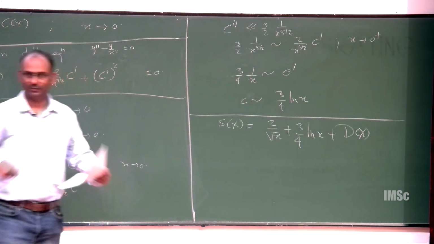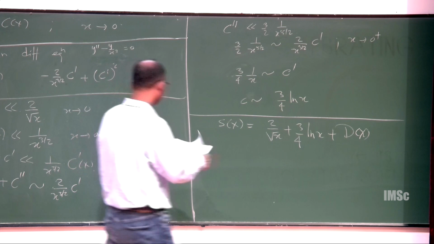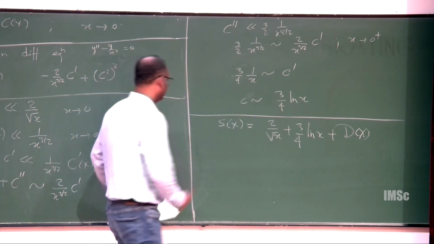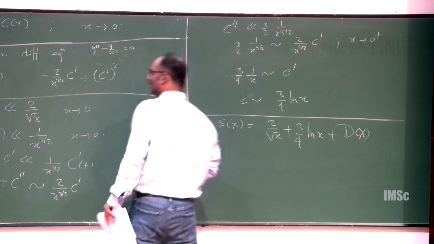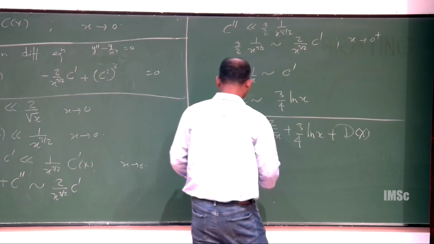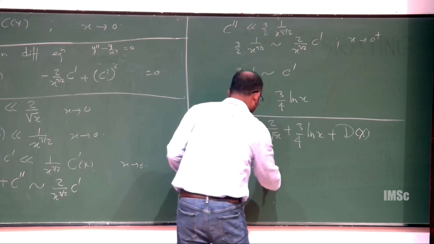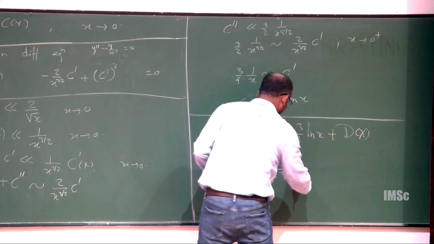Okay, and again set up a differential equation for d following the same procedure, make similar analysis, say this guy is much smaller than that guy, and get an asymptotic relation which is manageable for you, and get d of x. Now exercise, I have done 2 parts for you, you can do the third part for yourself. Show that s of x is this.